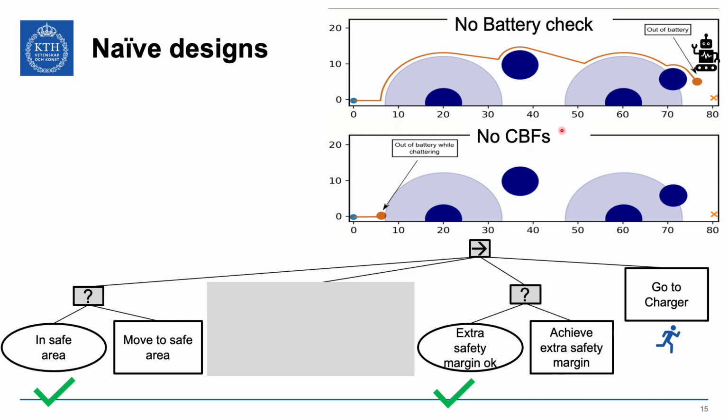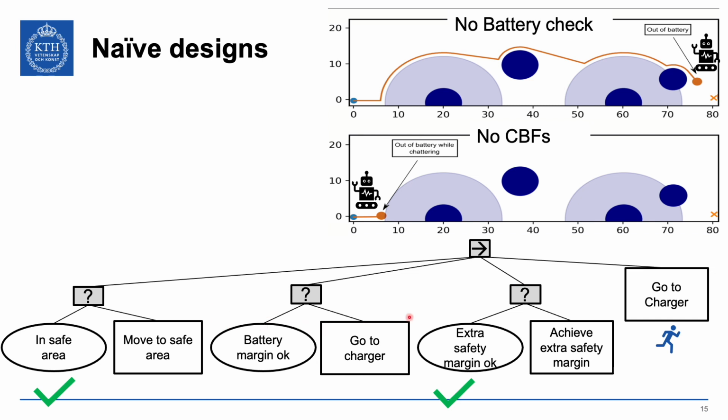In another case, without using control barrier functions but having the same design, we would start over here, and we'd remove this. In the start, everything is nice and dandy. All these earlier subgoals are achieved. We're going to go to charger, but now we're not taking control barrier functions into account. So we're going to go straight for the charger until we violate the extra safety margin.